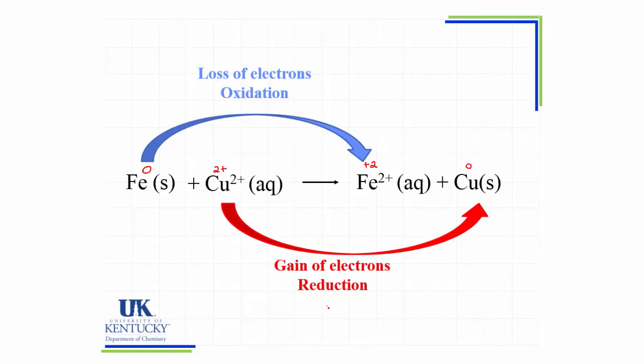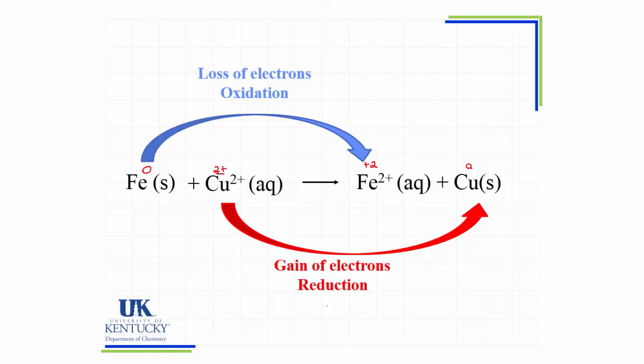When I go from copper 2+ to copper, we're gaining electrons because we're gaining negative charge, and the oxidation number goes from plus 2 to 0. So our charge is going down, our oxidation number is going down, we're gaining electrons, and that's considered to be a reduction. Now we know the process it's undergoing. We know that iron is being oxidized and copper is being reduced.